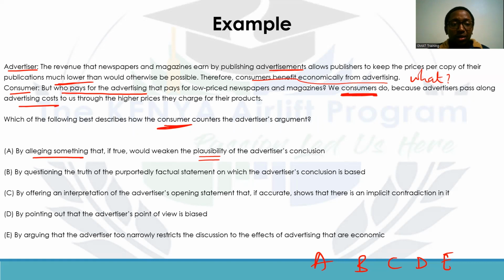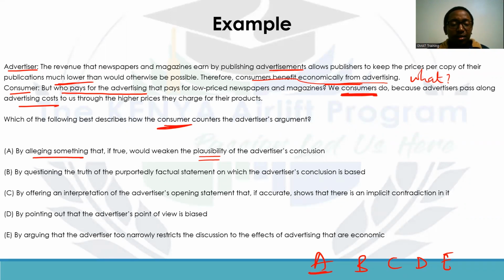So that's what they are alleging. If this is true, it would weaken the plausibility of the advertiser's conclusions. The conclusion of the advertiser is consumers benefit economically from advertising. Is this true or not? This actually seems true, because if it's true that the consumers pay for that advertising through higher prices of the products, that means they actually do not benefit economically.